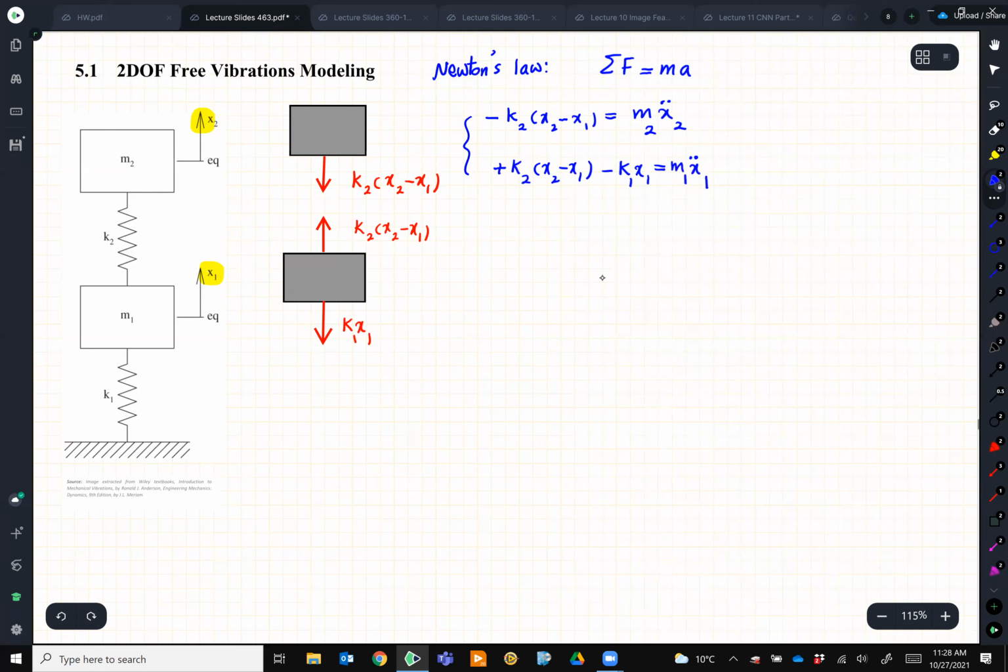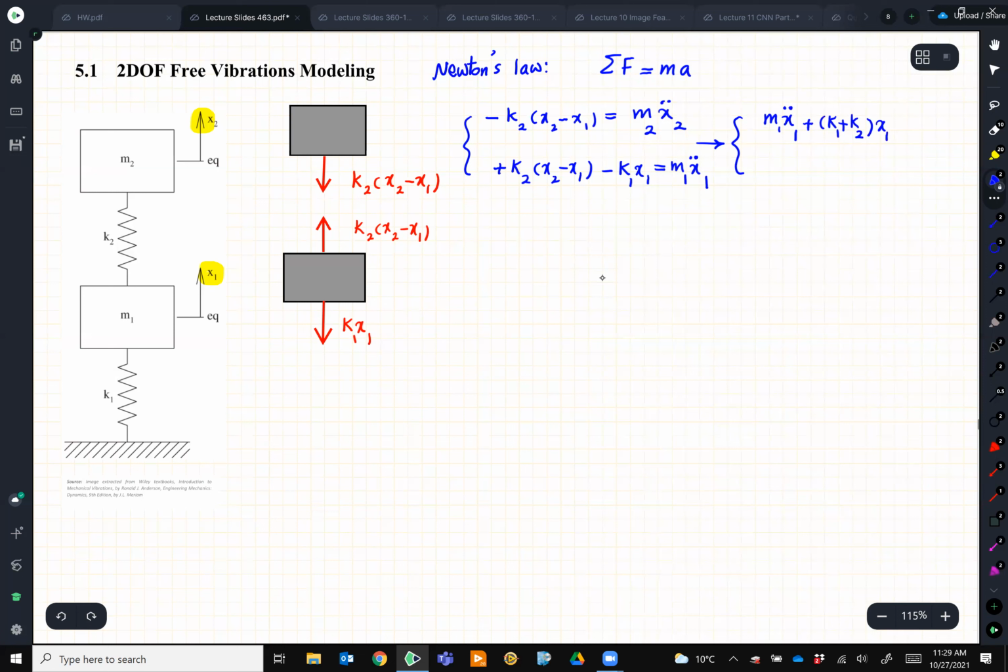I rearrange them to make them look a little bit better, and I will write down the first one here: m1 x double dot 1 plus K1 plus K2 x1.